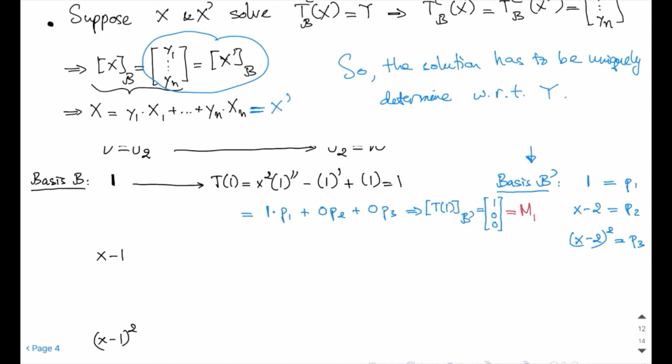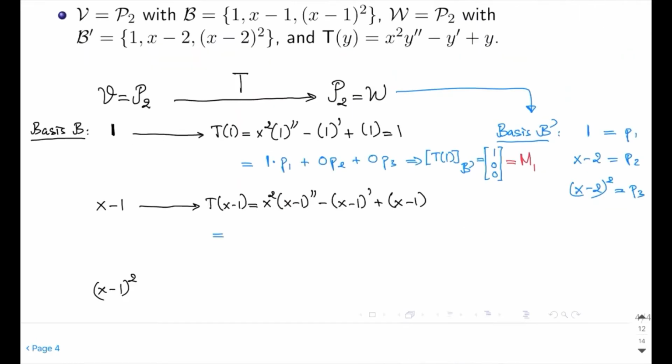Now next we are going to compute T of x minus 1. Right, it's going to be x squared times the second derivative of x minus 1, minus the first derivative of x minus 1, and then plus x minus 1. So you're going to get x minus 2. Then next we are going to represent it as the linear combination of the vectors in the basis of the target space. So that is going to be 0 times P1 plus 1 times P2 plus 0 times P3.